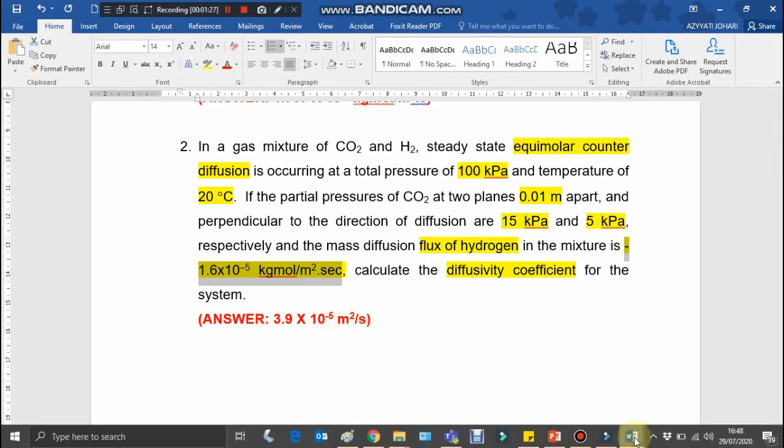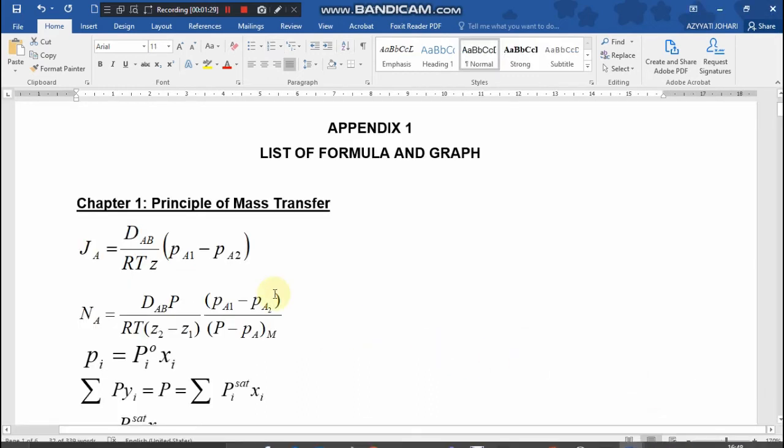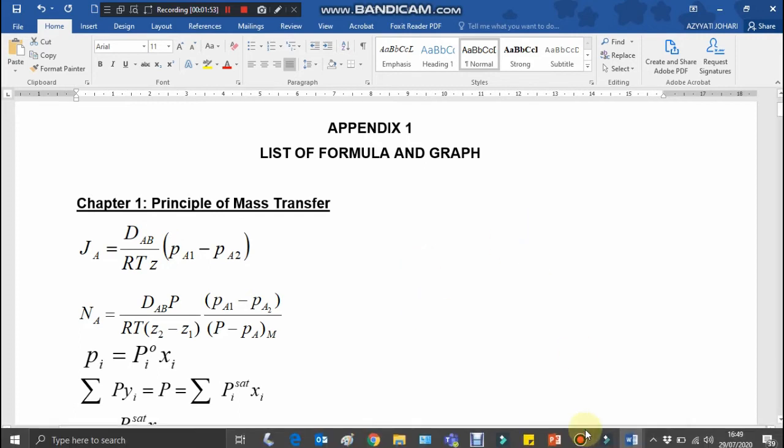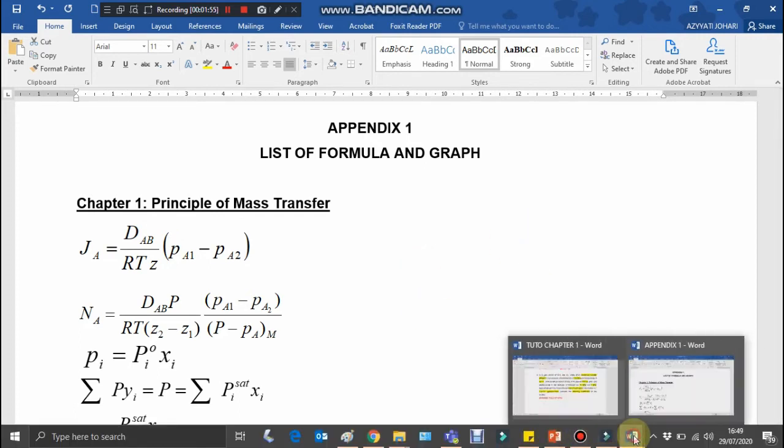As usual, in order to get full marks, after you rearrange the equation, you substitute all of the values inside the equation, write down the values together with the units, and show the unit cancellation. Finally, you write down the final answer of DAB together with the remaining unit, which is m2 per s. Then you will get the full mark for that kind of case study.